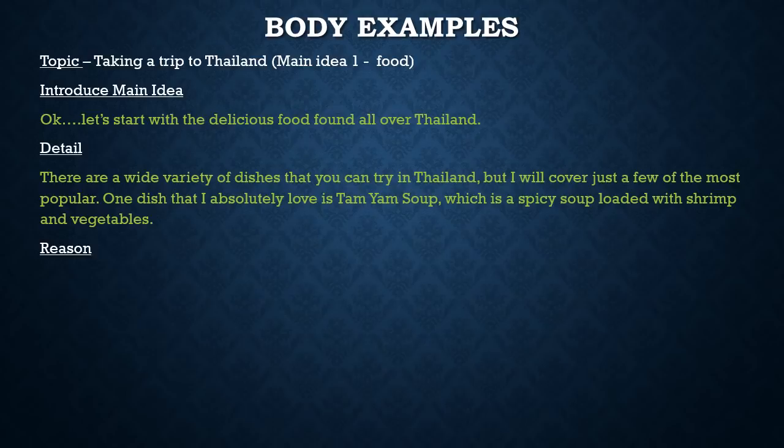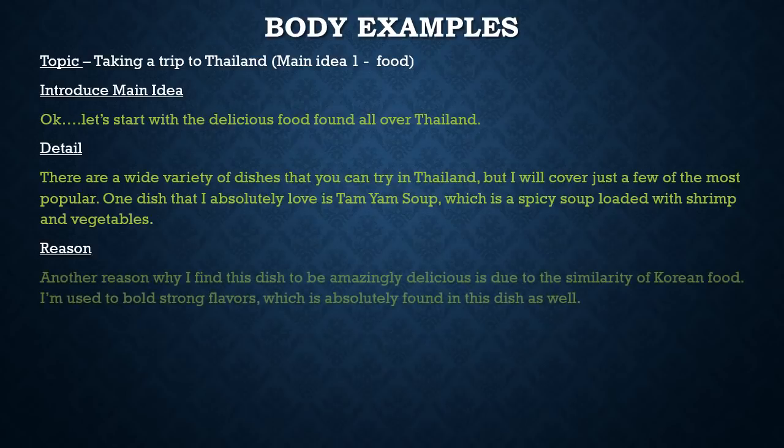So details, pretty simple. Now the reason and example, these are going to get more specific of why the food is great, right? So hence we'll start with the reason. Another reason why I find this dish to be amazingly delicious is due to the similarity of Korean food. I'm used to bold, strong flavors, which is absolutely found in this dish as well. Okay, so I'm justifying, I'm reasoning why this dish, Tom Yum soup, is so good, right?